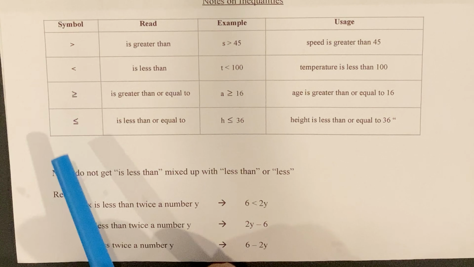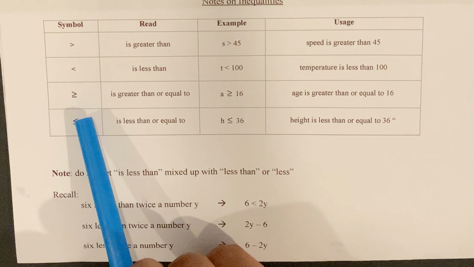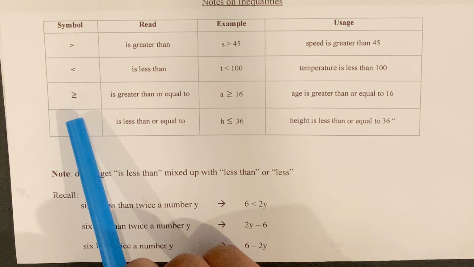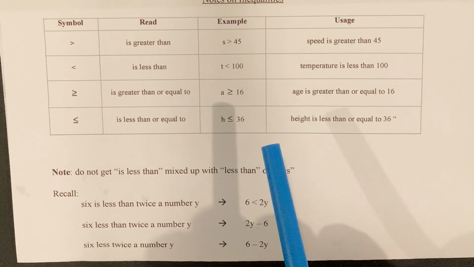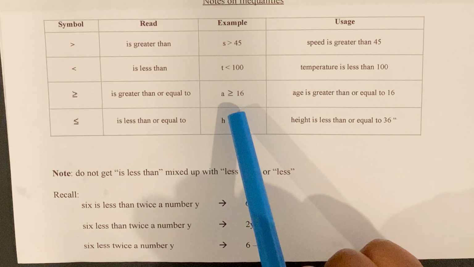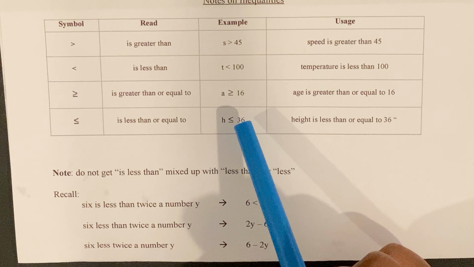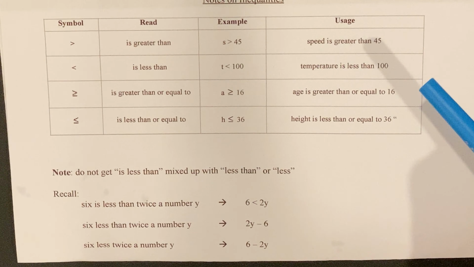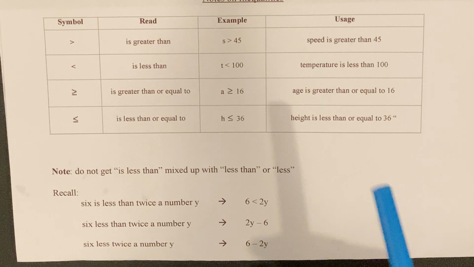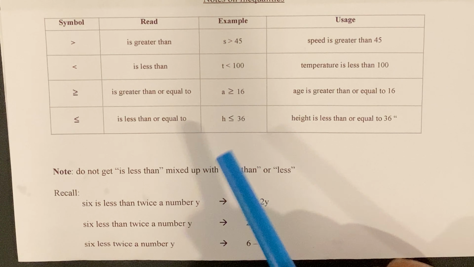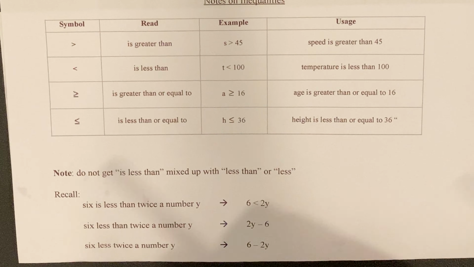Here we have a greater than or equal to. Greater than or equal to implies that the age is either this, so I am either 16 years old or greater than 16. Now, normally when you see greater than or equal to or less than or equal to, you're usually talking about more than one person.